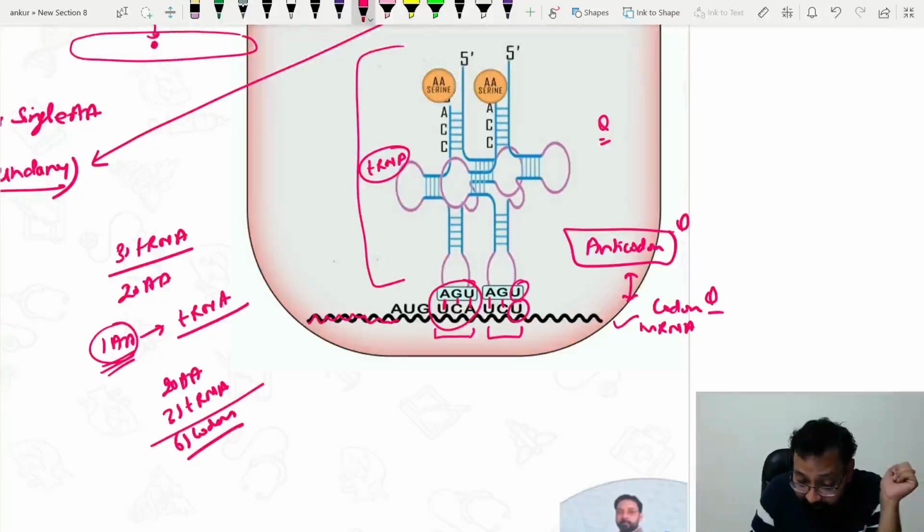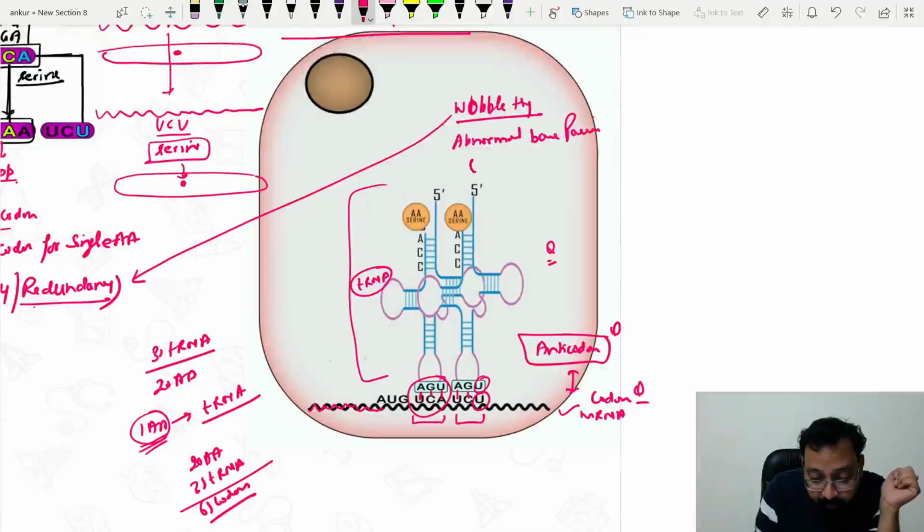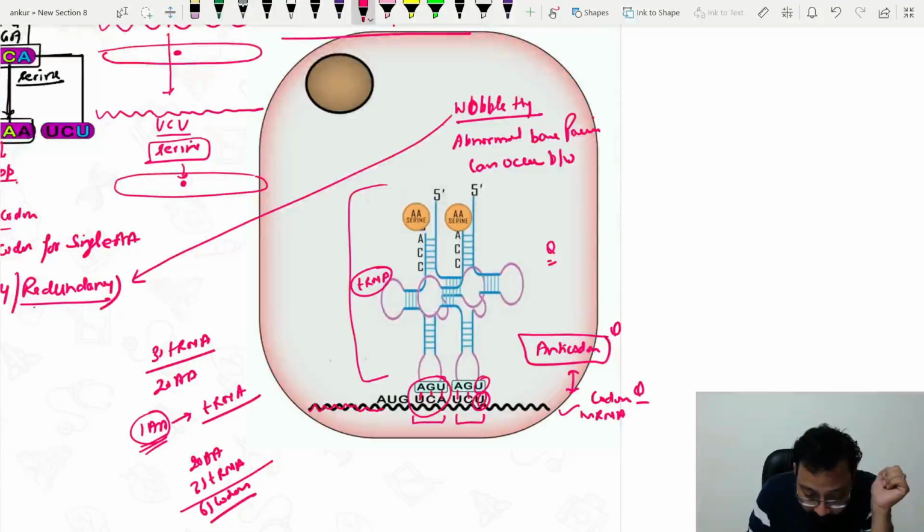Wobble hypothesis says that abnormal base pairing can occur between the third nucleotide of the codon and the first nucleotide of the anticodon.